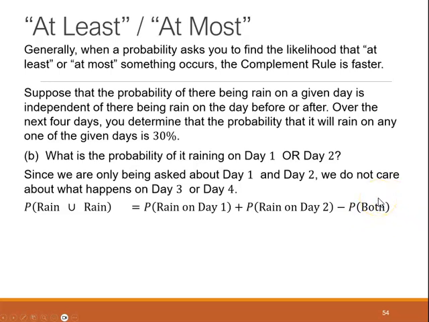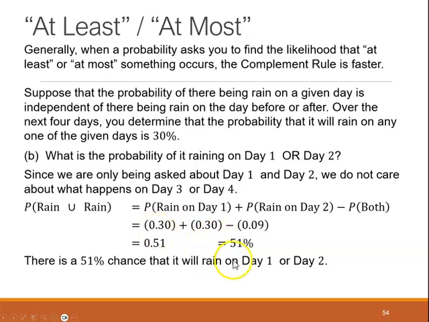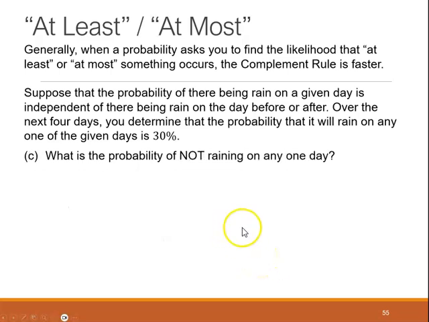Since these are clearly not mutually exclusive, because it could rain the entire 4-day stretch, right? So 51%. So far, so good.